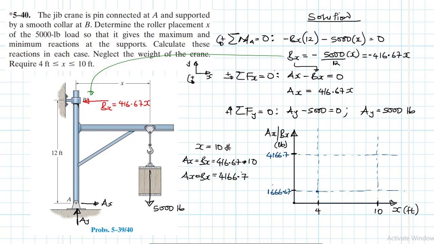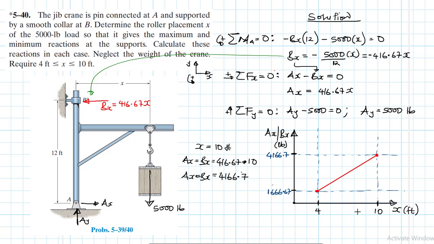We have a linear increase, so from this point to this point, we have this behavior. Let me use red. This is how it can be shown on the graph.